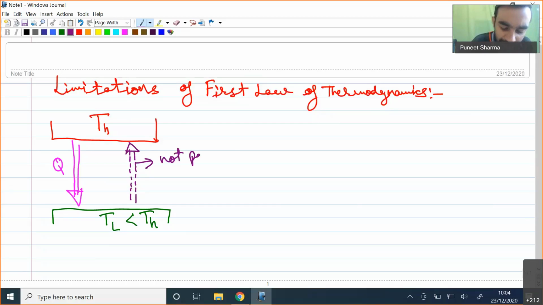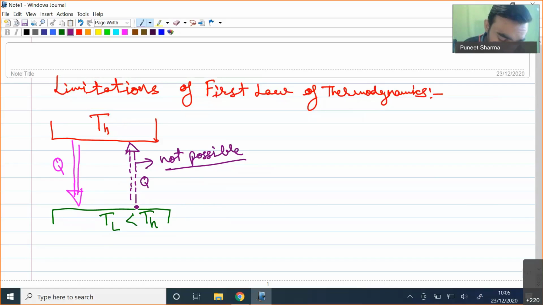However, in case of the first law of thermodynamics, if we say some Q amount of heat is transferred from low temperature to high temperature, the low temperature body will suffer a loss of Q magnitude and the high temperature body will suffer a gain of Q. That is perfect as per the law of conservation of energy, because the first law of thermodynamics is nothing but the law of conservation of energy.